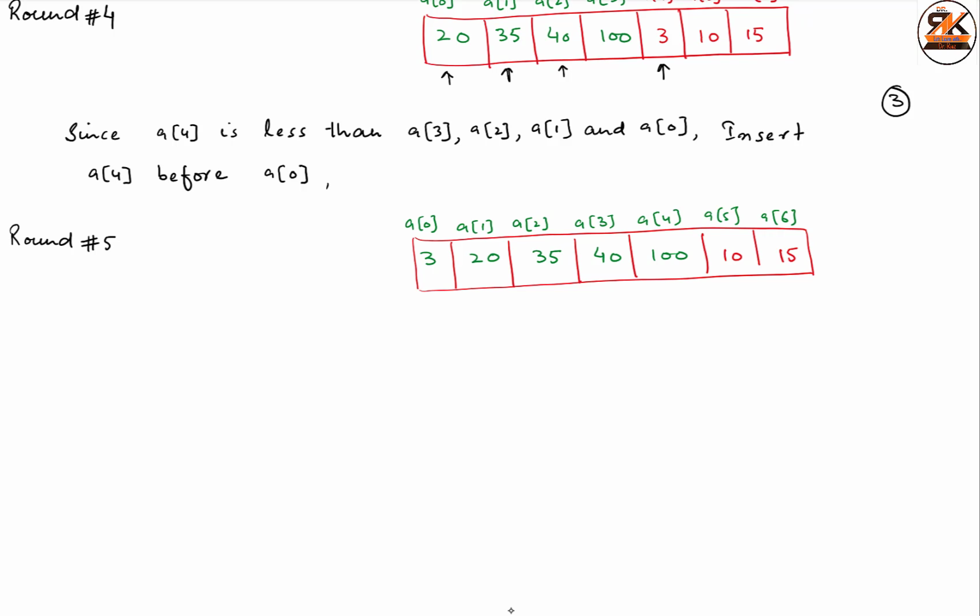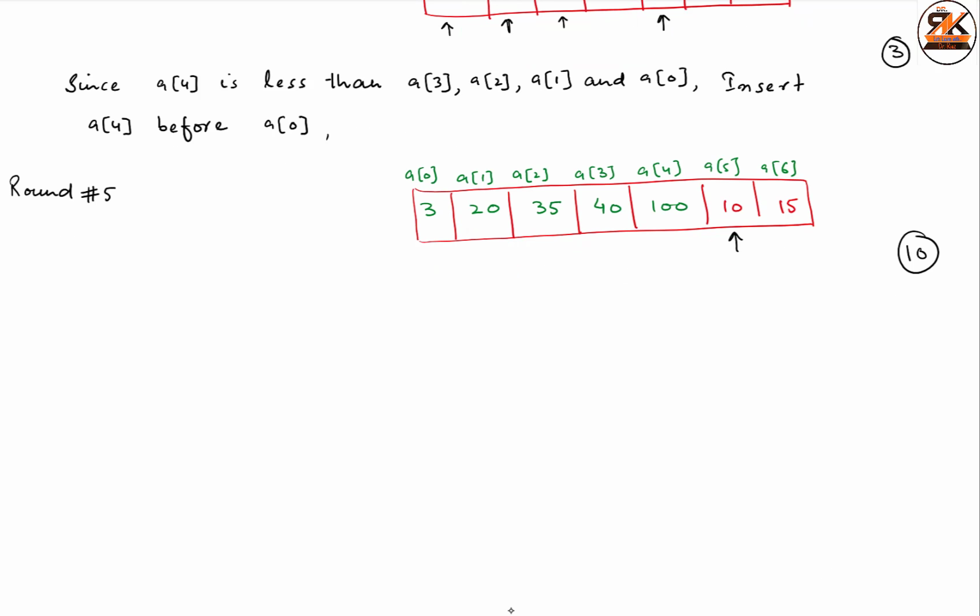Now as per the algorithm, we have to take out the next element out of the unsorted list, and this next element is 10. We will take out this element here, and this element 10 is compared with the elements at position A4, A3, A2, A1, and A0.